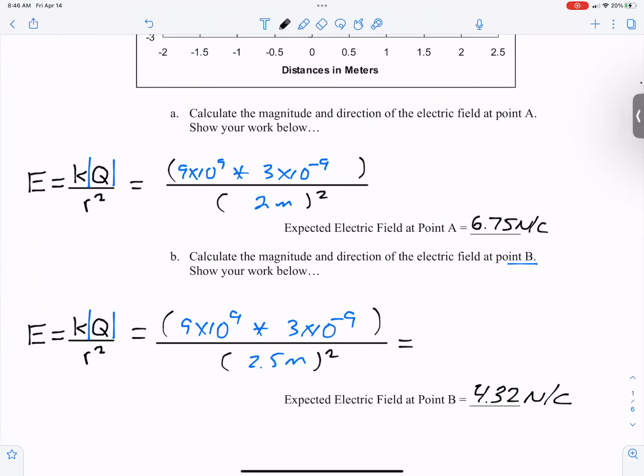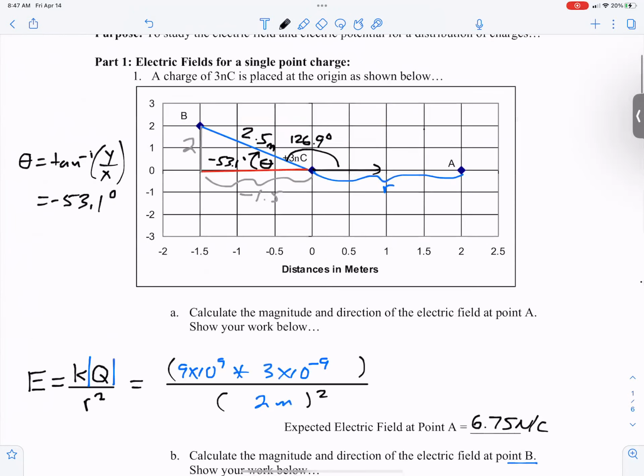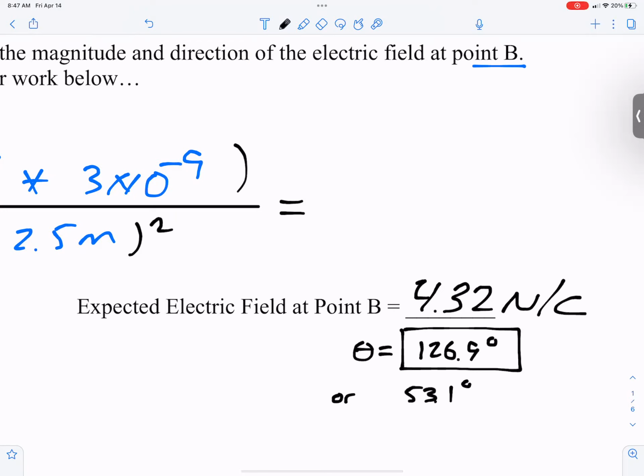Okay, now is where we're going to use the computer simulated app to actually check and verify not only the direction. The direction on this one is at about 126.9 degrees, or you could say 53.1 degrees above the negative x-axis.